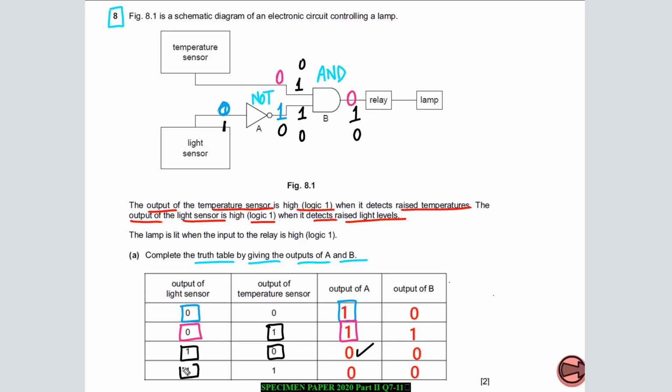And the last one is 1, so the output through the NOT gate has to be 0. And here is 0. Now we need to consider these two, 1 and 0, so the output has to be 0. So here is what we got, output of B. I hope it is quite clear to you now.